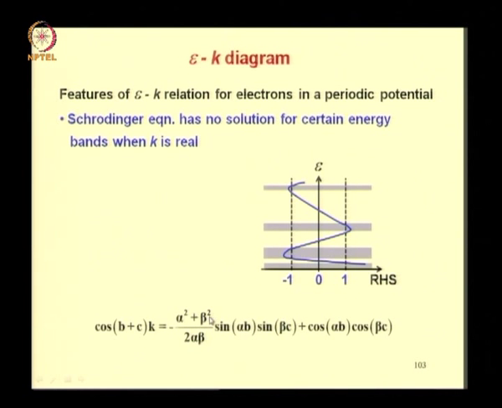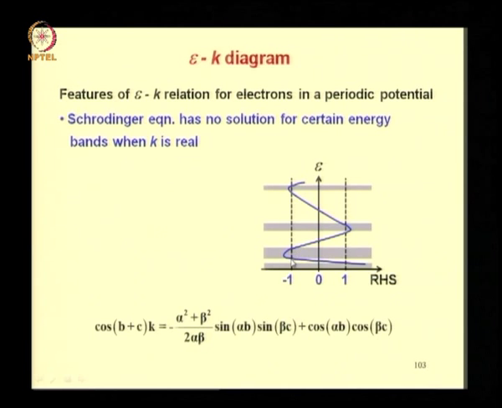Therefore for those values of E for which the magnitude of this function exceeds 1, that is indicated by this boundary, okay, -1 and +1 here. So when this function goes beyond, crosses these boundaries, in that region the solution of the Schrodinger equation does not exist, okay, because k is no more real for these regions. So these regions are therefore shaded to show the forbidden bands.